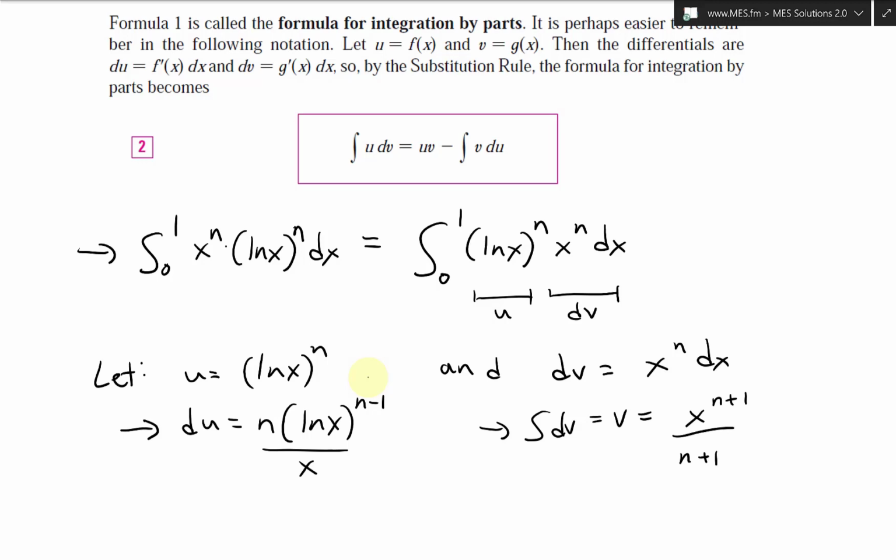And that's just the antiderivative. So if you take the derivative, n plus 1 cancels, and subtracting 1, you get x to the n.